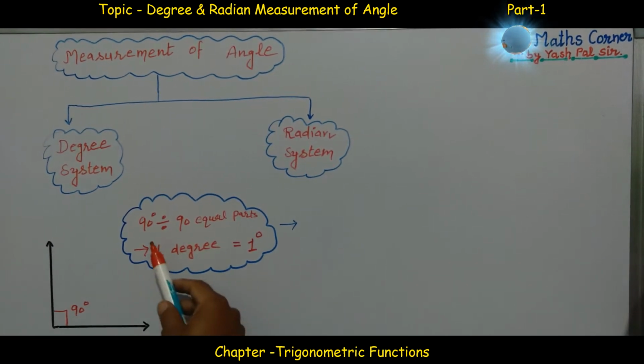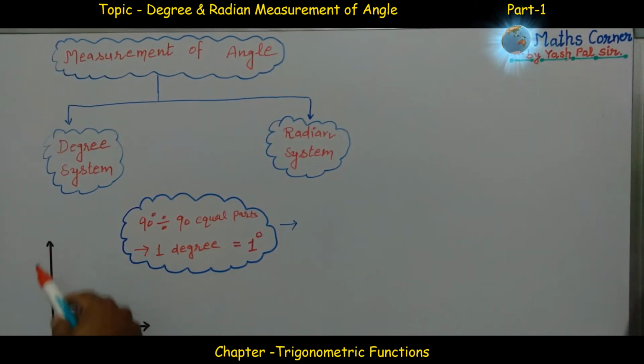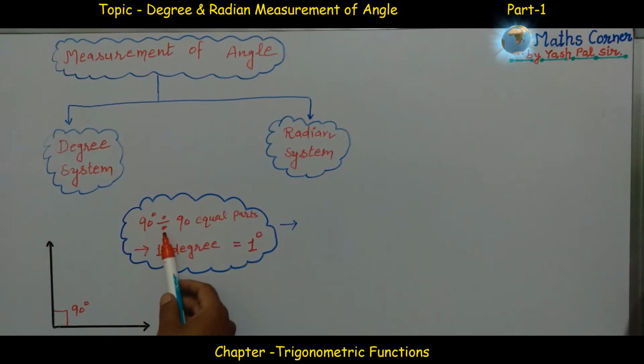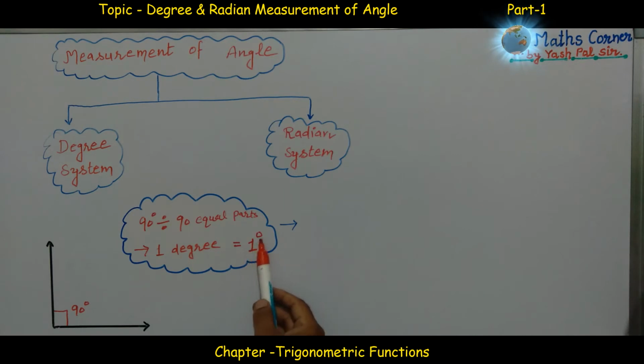Or we can say when this 90-degree angle is divided into 90 equal parts, then each is called 1 degree, and this is written like this, 1 degree.